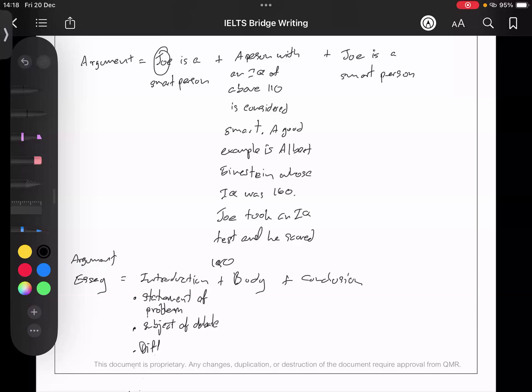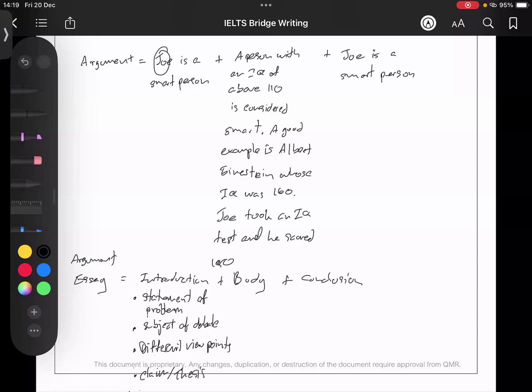Different viewpoint. And last is the claim, but they prefer to call it thesis statement. Right. So that's the introduction for you.